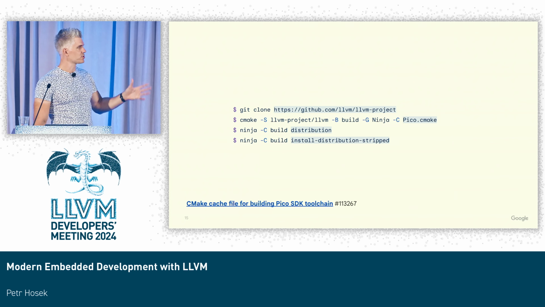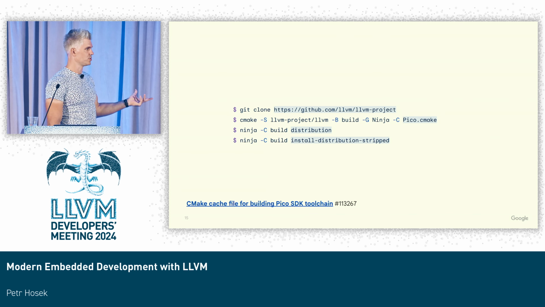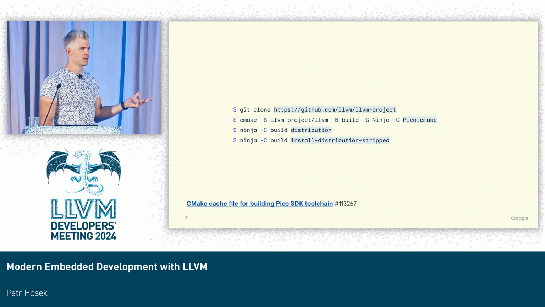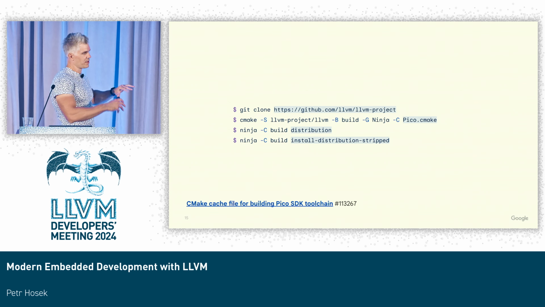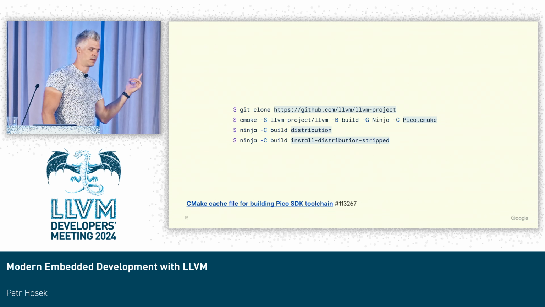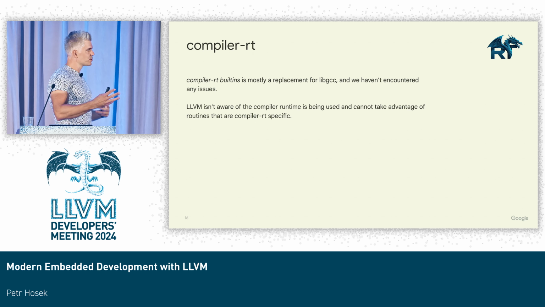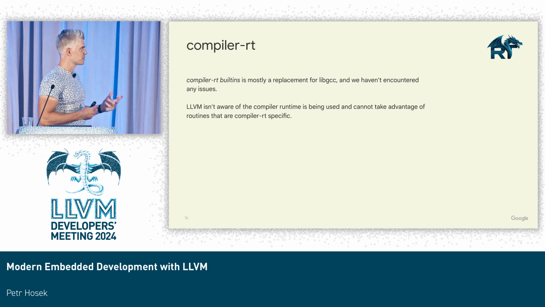At this point, we can fetch LLVM sources straight from GitHub. We can fire up CMake, point at our cache file, and build ourselves a toolchain that is usable with Pico SDK. And that's it. Now, if you don't want to go back and retype everything out on those slides, I've actually uploaded this file to GitHub, so you can check it out later and try it out for yourself.